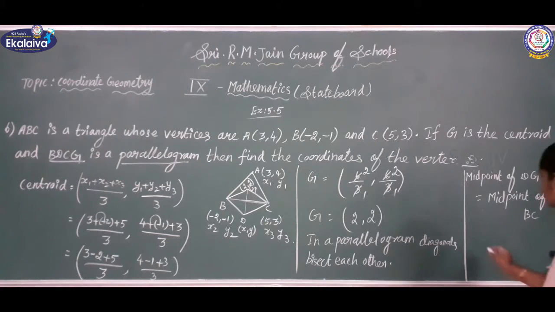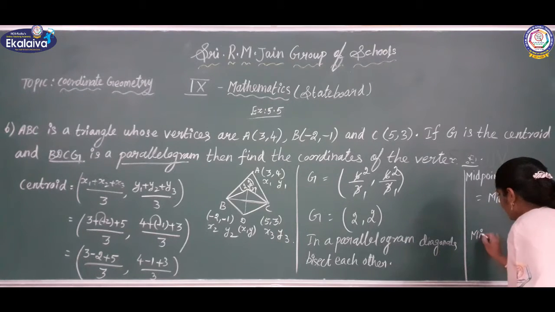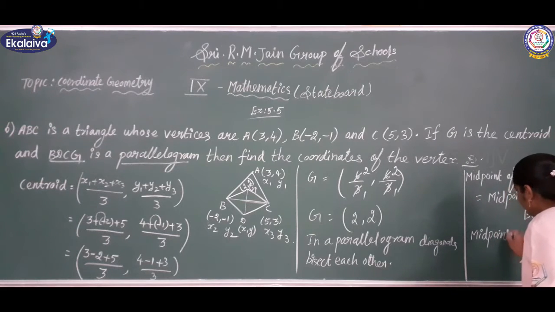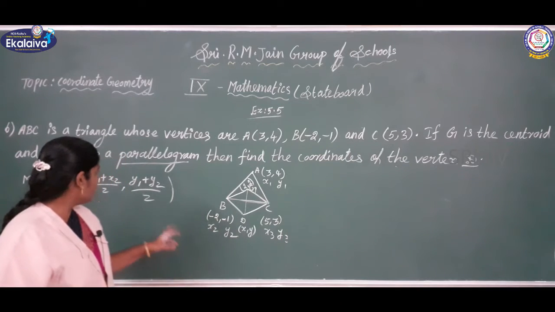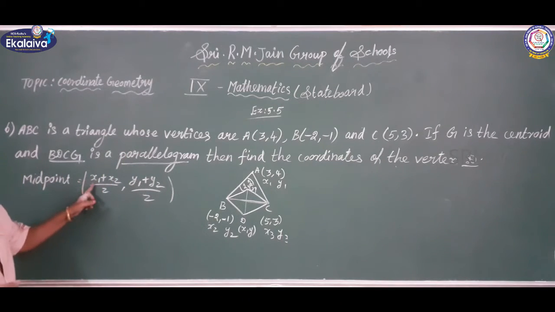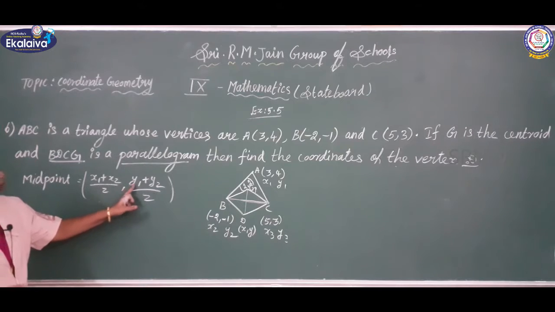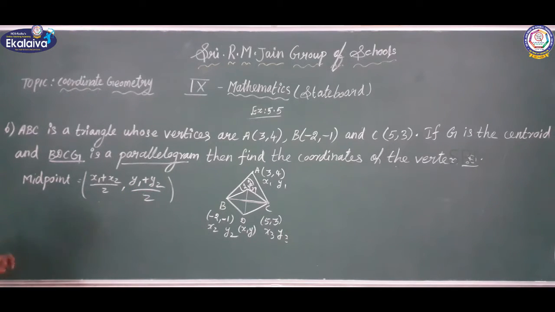Okay, so what is the formula, children? Midpoint formula. Write the formula first. Midpoint equal to x1 plus x2 by 2 comma y1 plus y2 by 2. So we are going to use this formula. Okay. So midpoint of DG is equal to midpoint of BC.